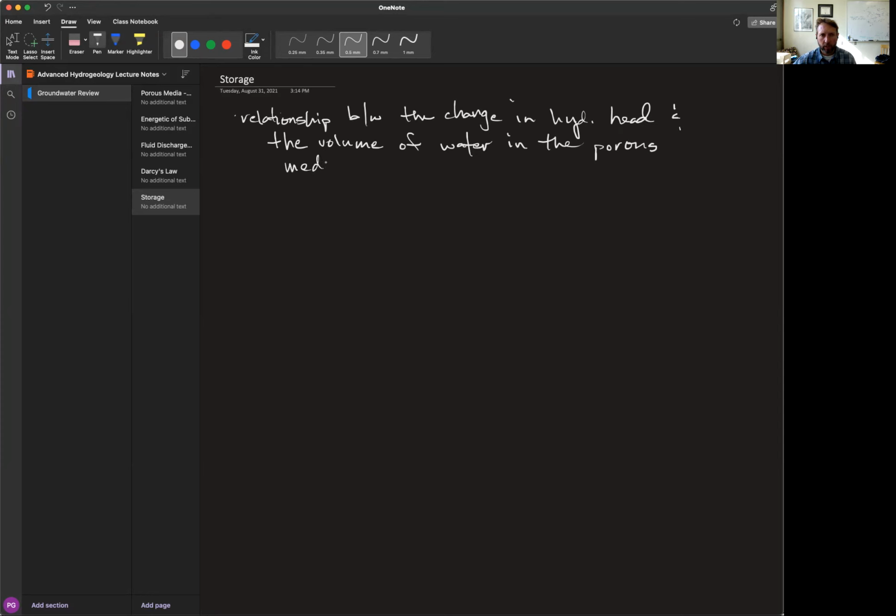And it's important to recognize that this relationship can go either way. We can be adding water into the system and the head rises and we've added water, or we can drain water and the head falls and we release water.